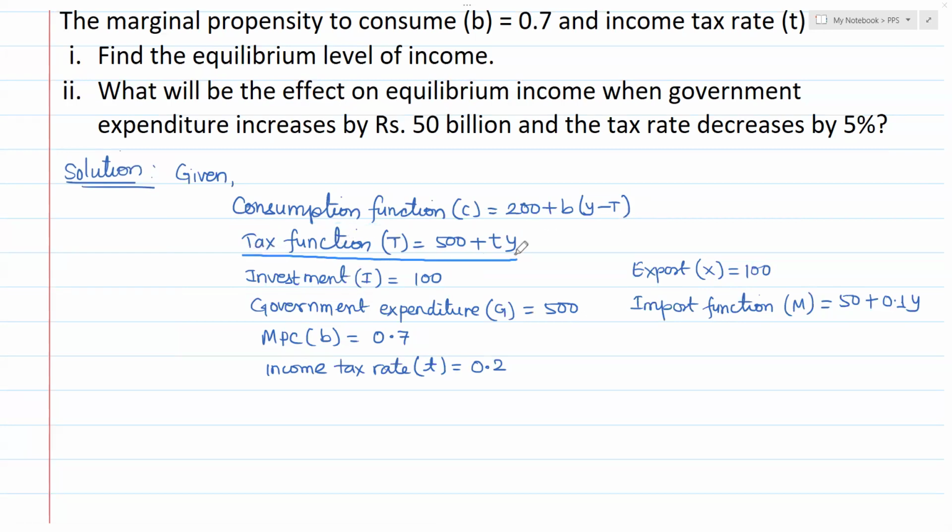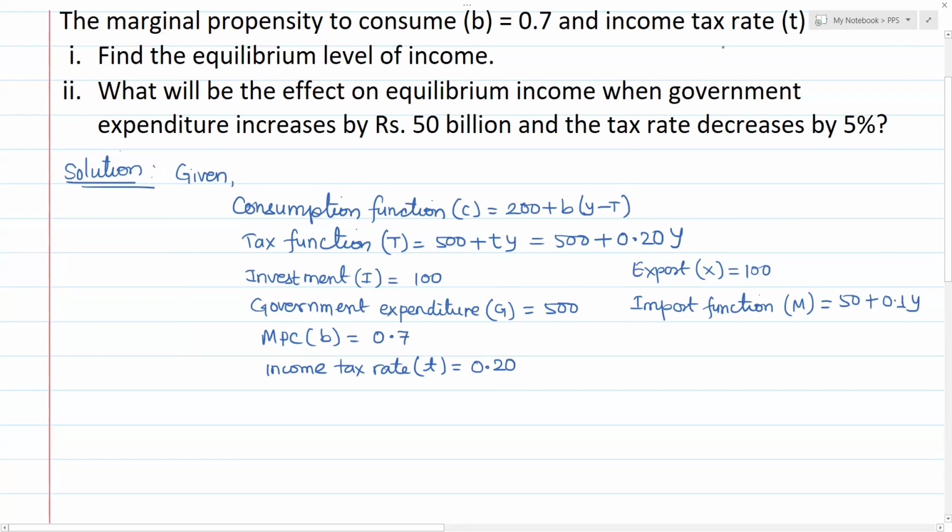The tax function T is equal to 500 plus ty, and the income tax rate small t is given as 0.2, so we can write this as 500 plus 0.20, or simply 0.2, y.